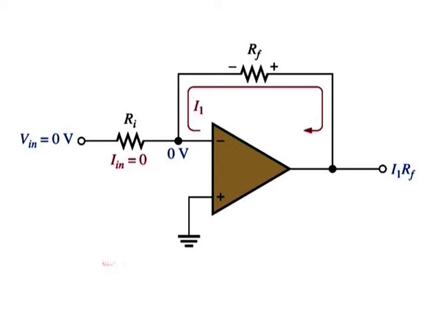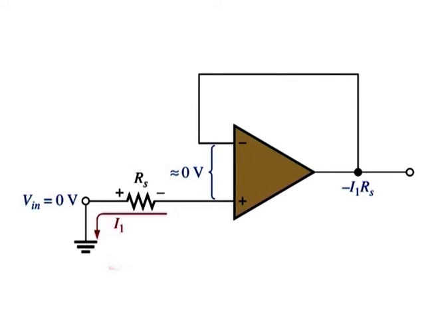The small input bias current I1 is through Rf from the output terminal. I1 creates a voltage drop across Rf as indicated. The positive side of Rf is the output terminal and therefore the output error voltage is I1 into Rf when it should be 0.